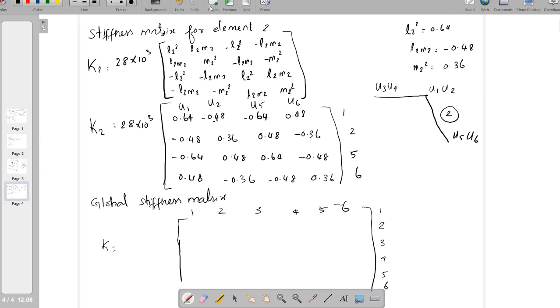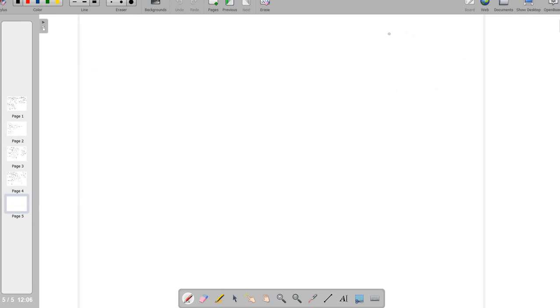On the next page, we can write the two matrices for elements 1 and 2, because we need some hint. 1 0 minus 1 0, 0 0 0 0, minus 1 0 1 0, 0 0 0 0.